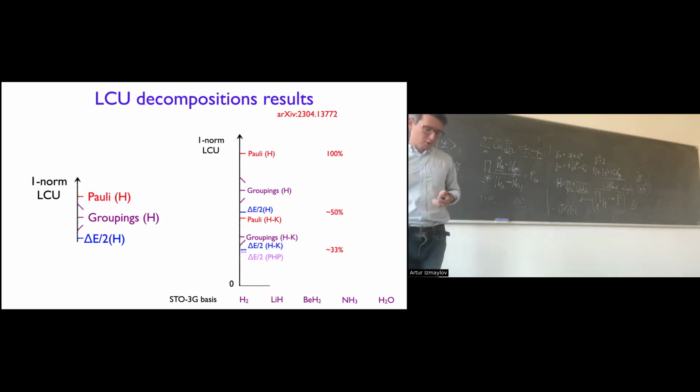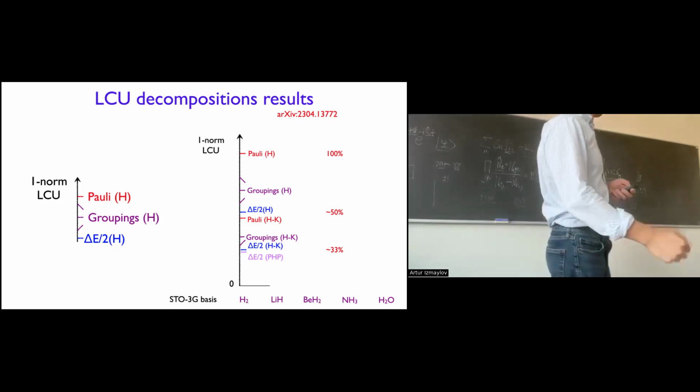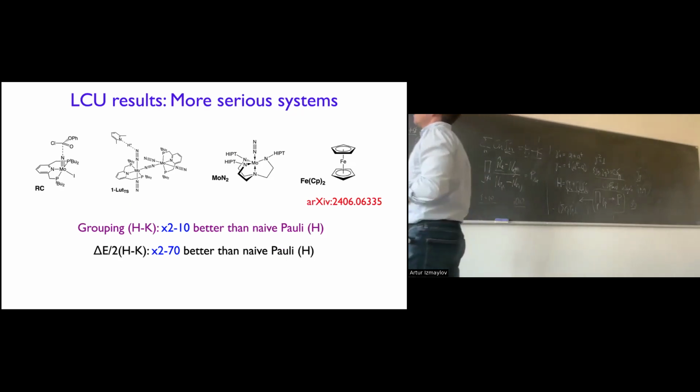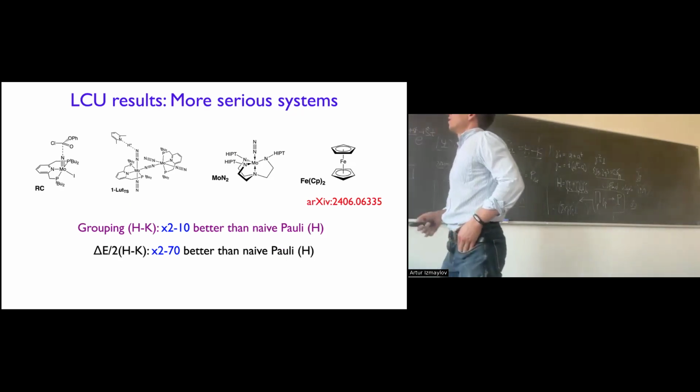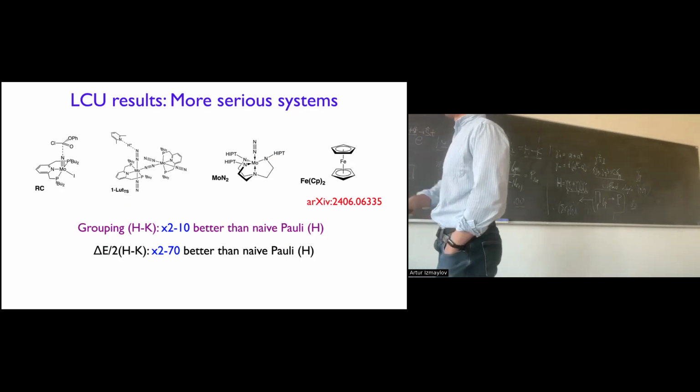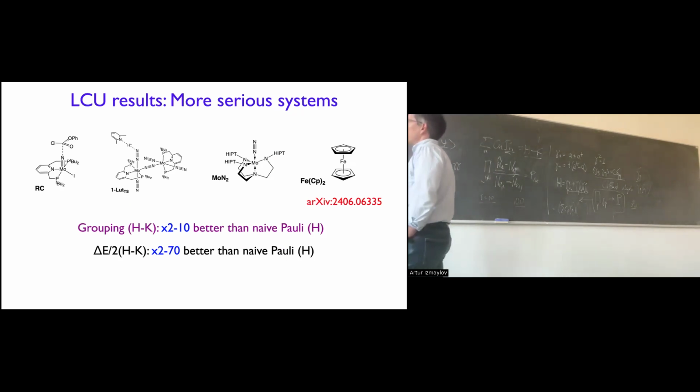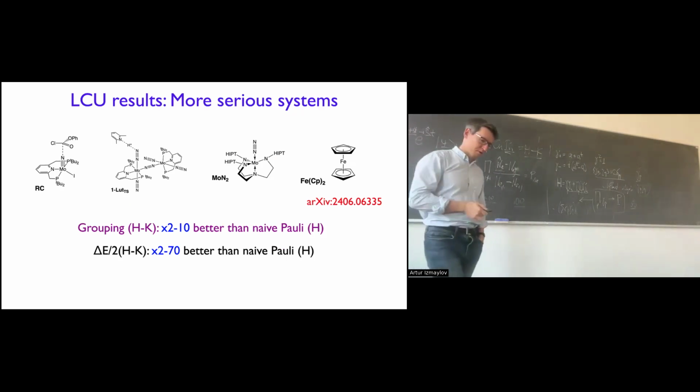All right, but if we go to the larger molecules, of course, small molecules, who cares about them? So for larger molecules of industrial interest, we can get higher factors. Grouping gives you, compared to naive Pauli, 2 to 10 times better one norms, but there's still actually things to improve with the grouping, because if you look at the absolute lowest one can get after introducing the K, it's like 7 times more than we got using the grouping.